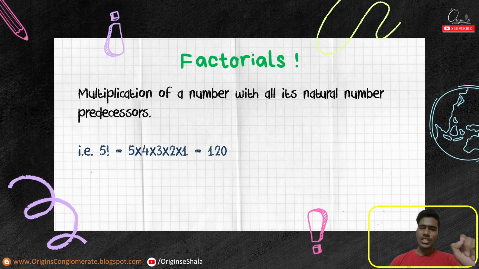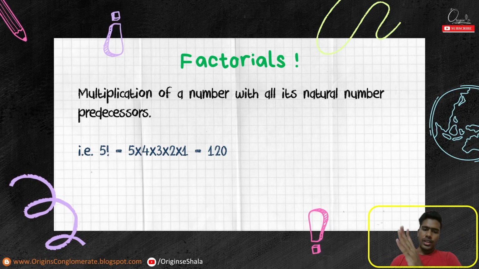When you write the exclamation mark with the number, it indicates we are talking about its factorial. So 5! means 5 factorial, and you have to multiply in reverse order till 1.